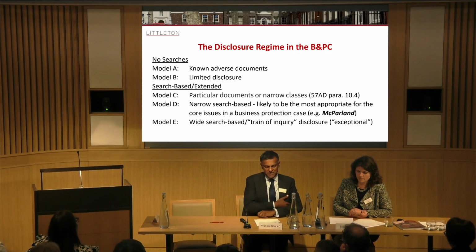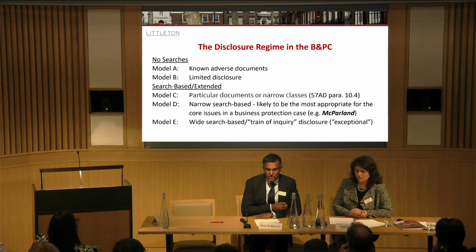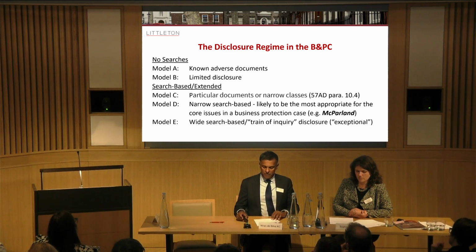There are two types of models, one without searches and one with. And the one that will commonly apply in cases of this kind will be the Model D approach in relation to almost all the issues, apart from not very controversial ones. That's the narrow search-based disclosure, which is the most similar to standard disclosure. It's just documents which are likely to support or hinder the party's case or another party's case.